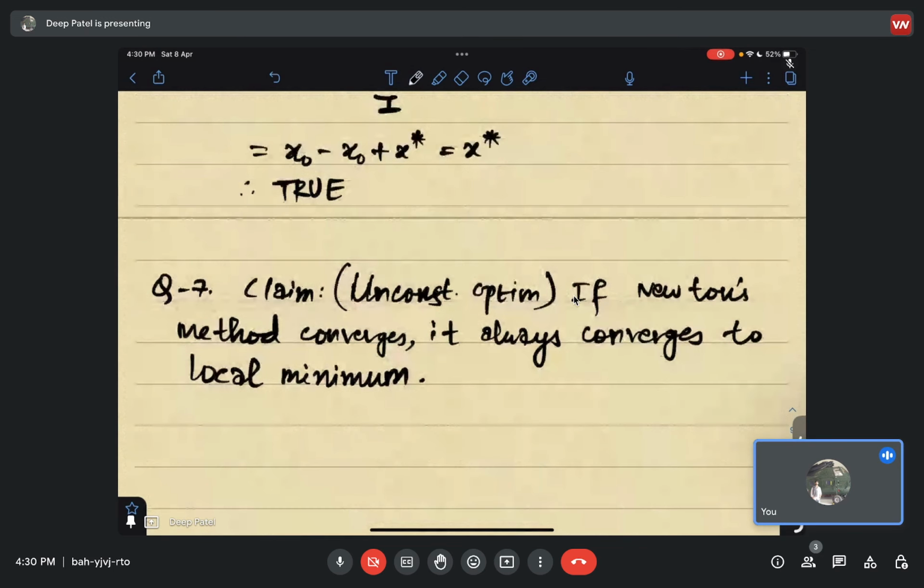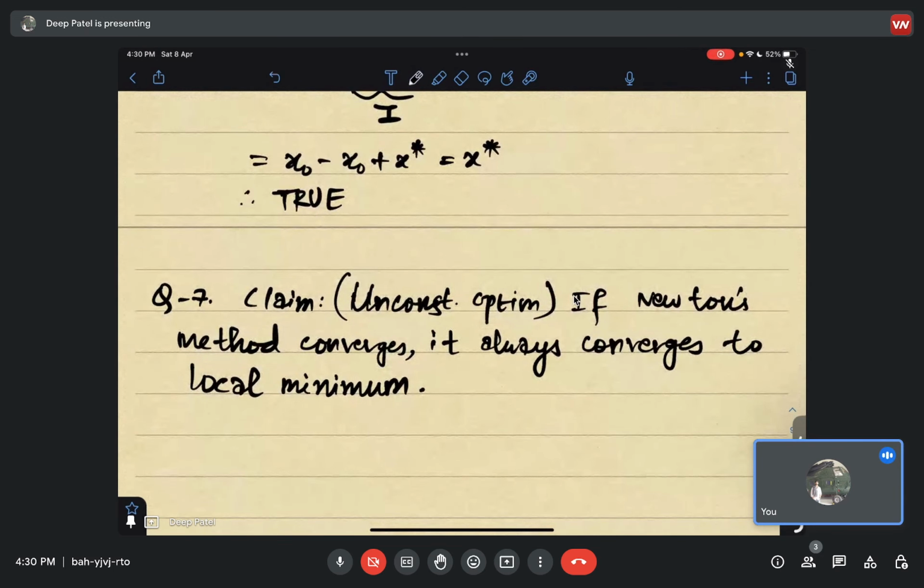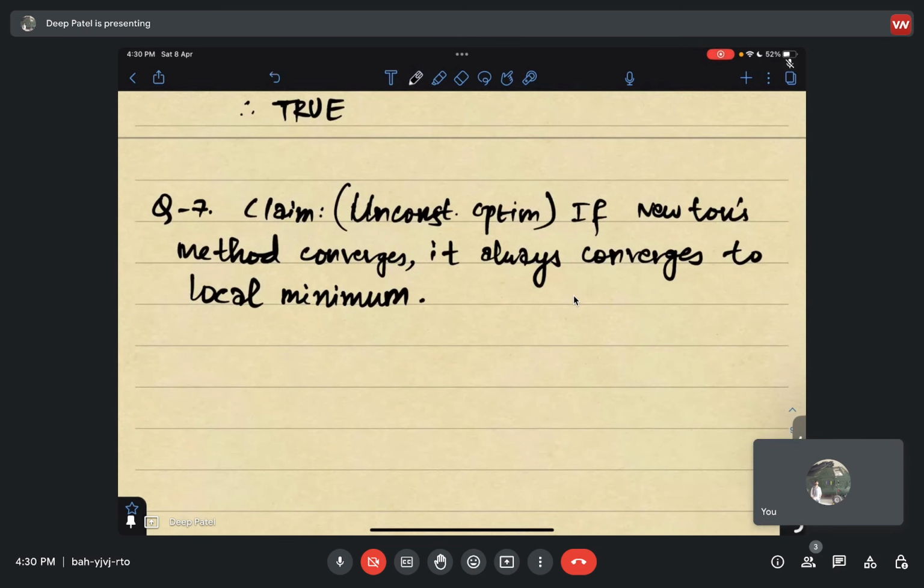I wanted to discuss this, and that's precisely the next question. We are doing unconstrained optimization, and we are using Newton's method, and the claim is that it always converges to a local minimum. So is this true or false?